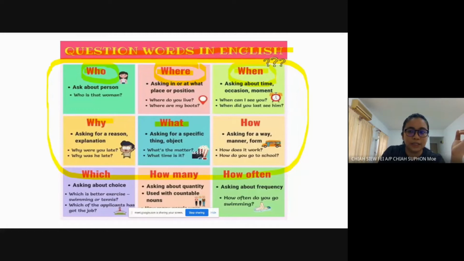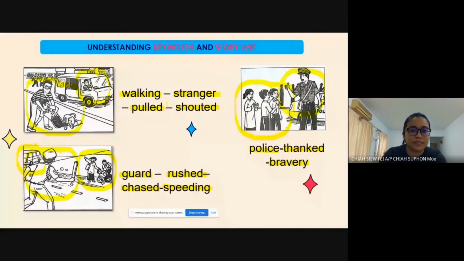The most important question word is when, because this is where we decide what tense to write in. We cannot simply write the story in any tense we like. If you look back at the words given to us just now, all the verbs given, what tense are they? Anybody?